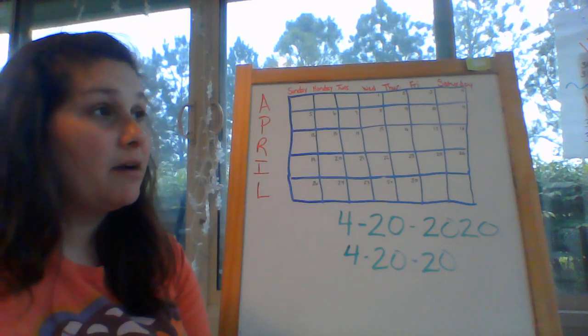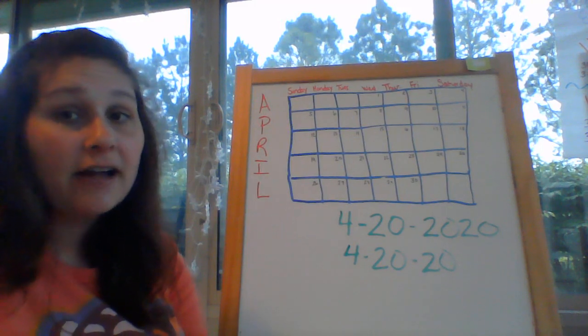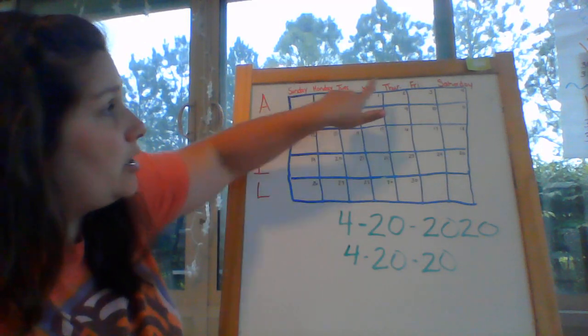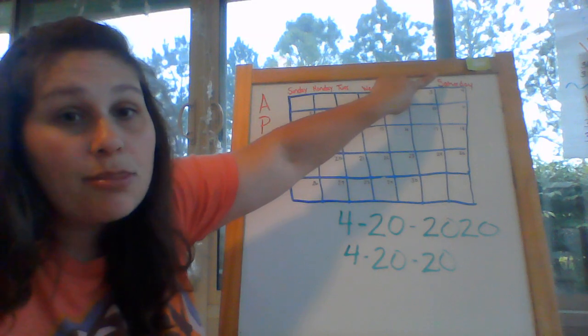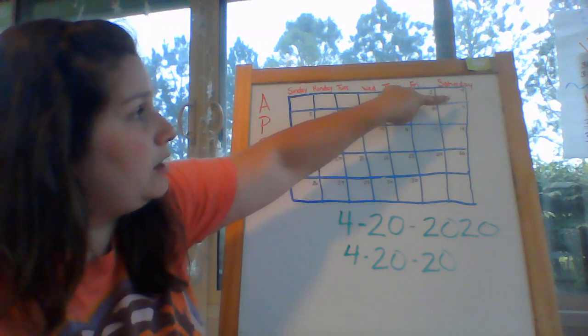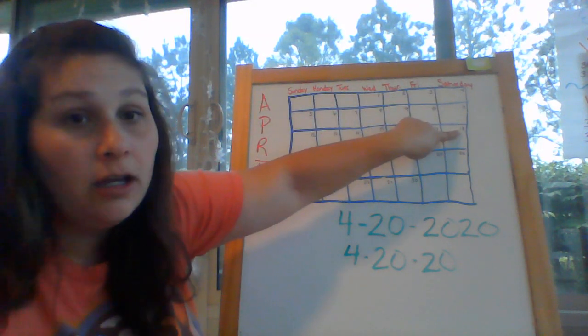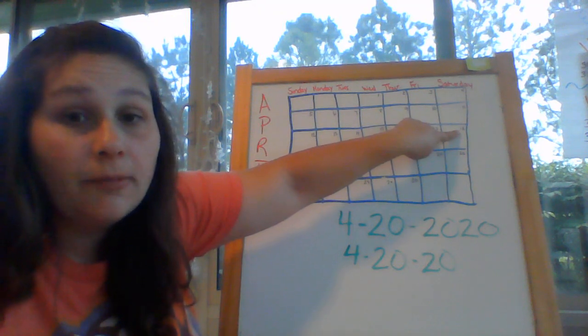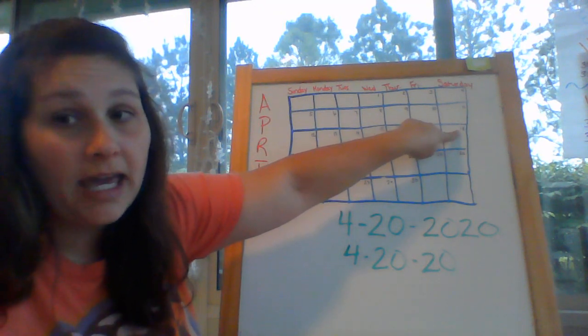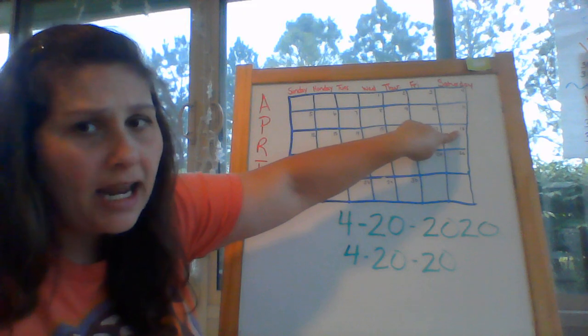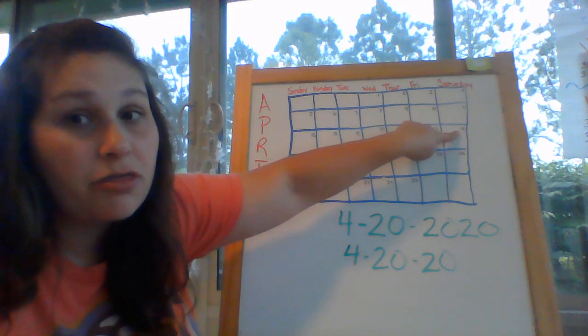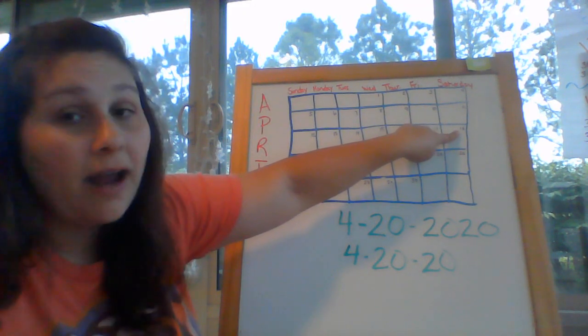So if you remember, if I'm asking about the third Saturday, I'm going to go to Saturday and count down 3. 1, 2, 3. What number did I land on? The 18th. Okay. So I wouldn't write the 3, because I'm just asking for the third Saturday. I'm going to write 18.